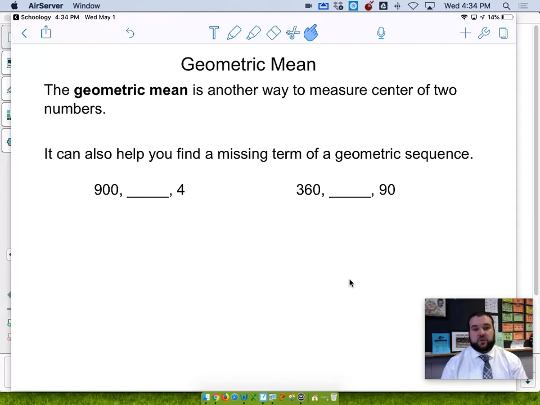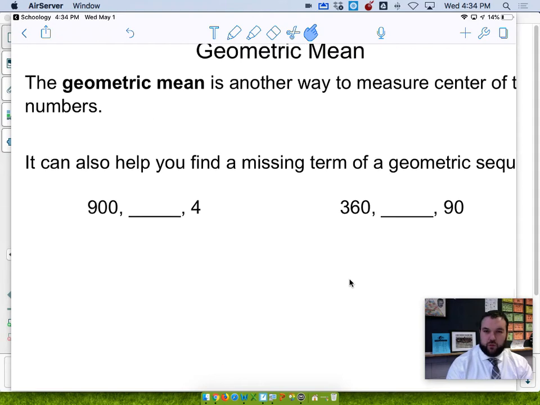The geometric mean allows you to find the middle number directly, just doing one calculation. What it doesn't tell you is the common ratio, but it will tell you what the missing number is right away. It's also another way, like mean, median, and mode, words we've maybe heard before.